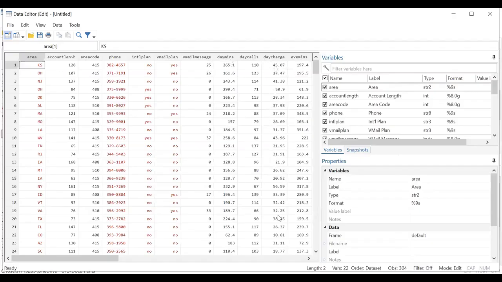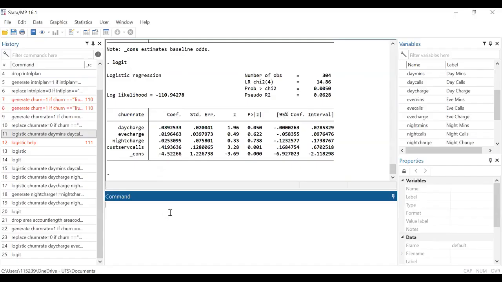So these are 45, 50, etc. The data does not have a description of whether these are dollars or cents per minute, but let's assume that it is 45 and we reduce it by 10. So let's say the day charge reduces by 10.